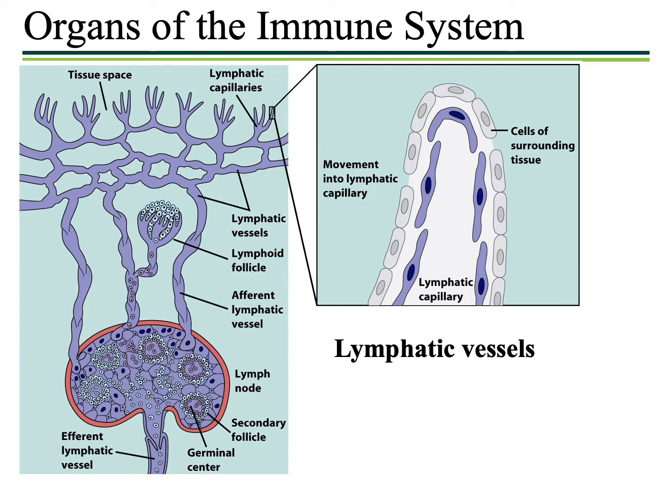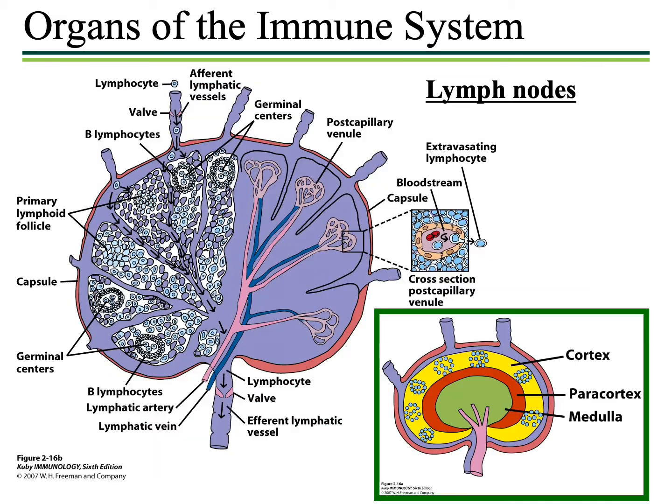And then it travels through larger lymphatic vessels, passing through lymphatic or lymphoid follicles, and we'll get to lymphoid follicles in just a minute. Throughout the lymphatic vessel system, you will also find structures that are secondary lymphoid organs known as lymph nodes.